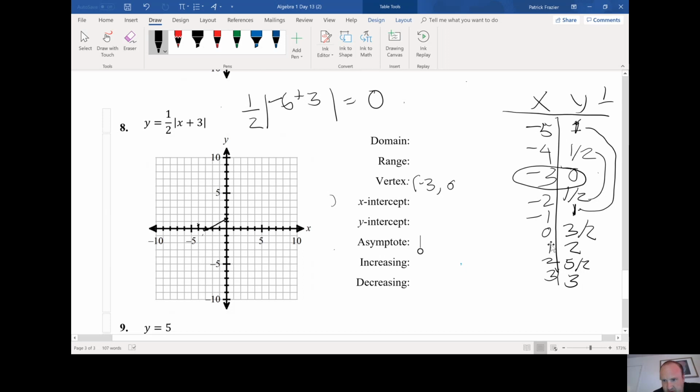So when x equals 0, y equals 3/2. And then we established when x equals -4, y equals 1/2. So that's roughly over here. And then when x equals -5, y equals 1. And -3.